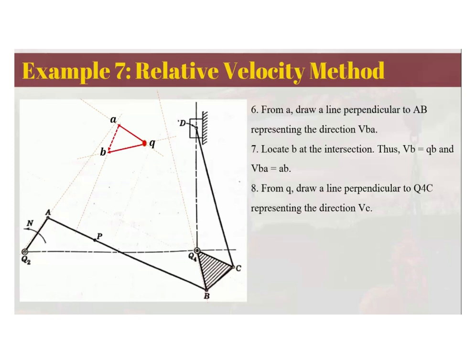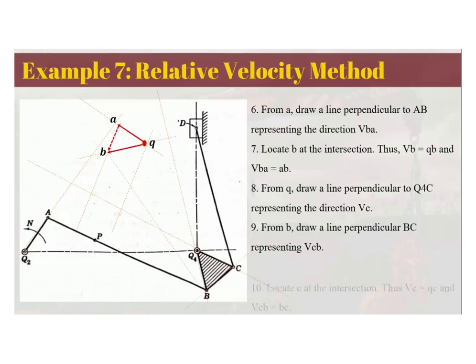So this is the direction of our QC. And then from B, since B is connected to C, draw a line perpendicular to BC. So you have line BC, and then draw a line perpendicular to BC from the head of B. So this now represents the velocity of C with respect to B.